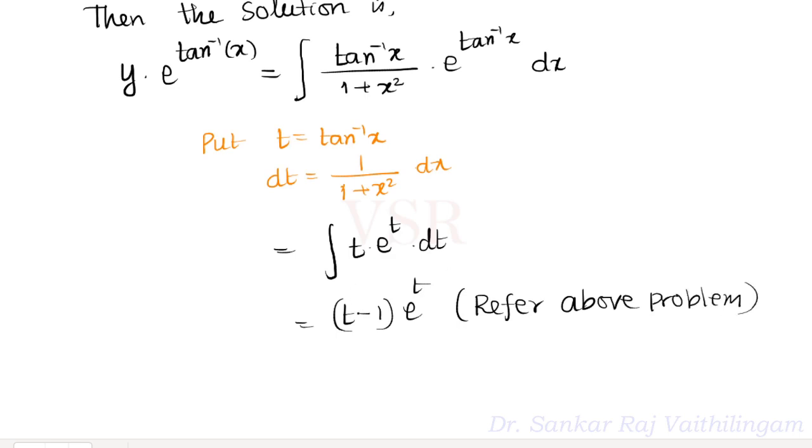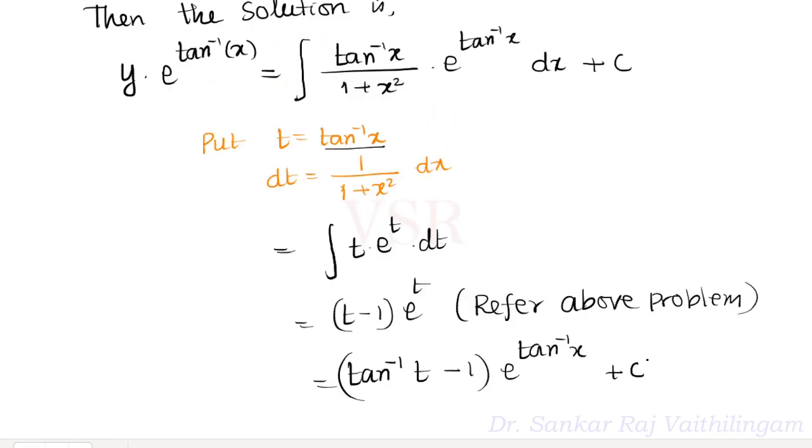Now, what should we substitute here for t? We should substitute tan inverse of x. So that is equal to tan inverse of x minus 1 into e to the power tan inverse of x. Of course, there is plus c here, we should not forget this constant.